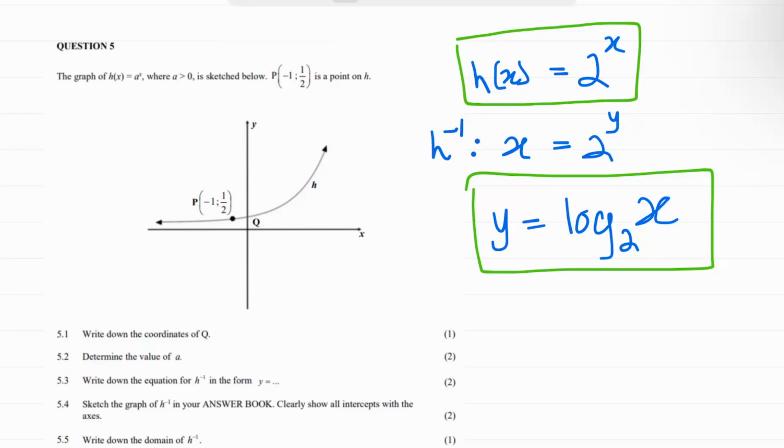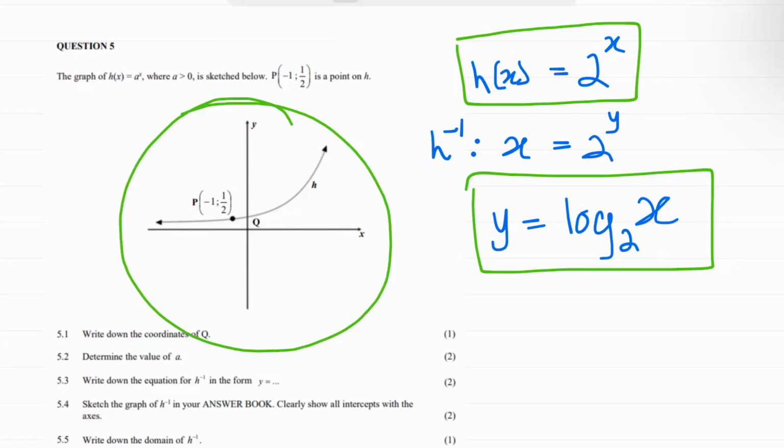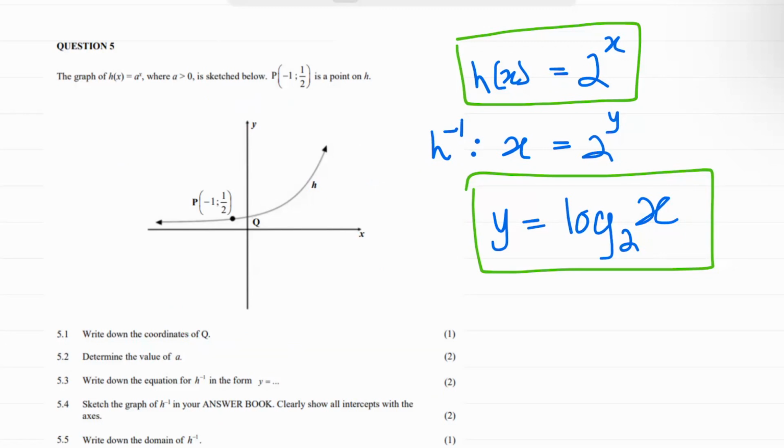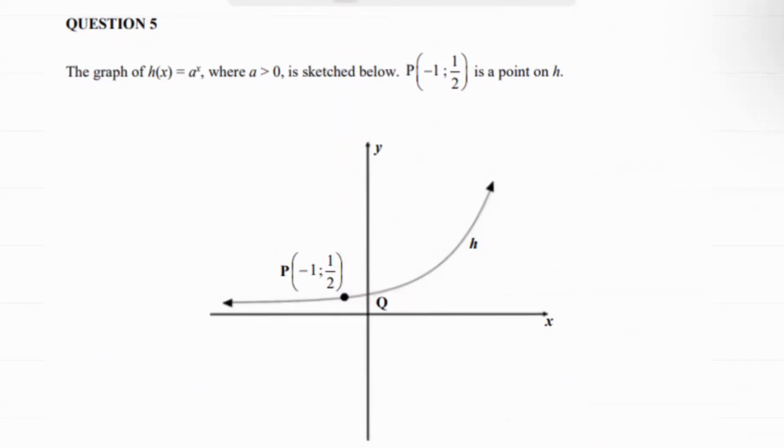Okay, sorted. Now it's time to sketch these functions. And I'm going to sketch the log function on the same set of axes as this exponential function. Now, to sketch the inverse graph, you just need to use the same points as the original graph.